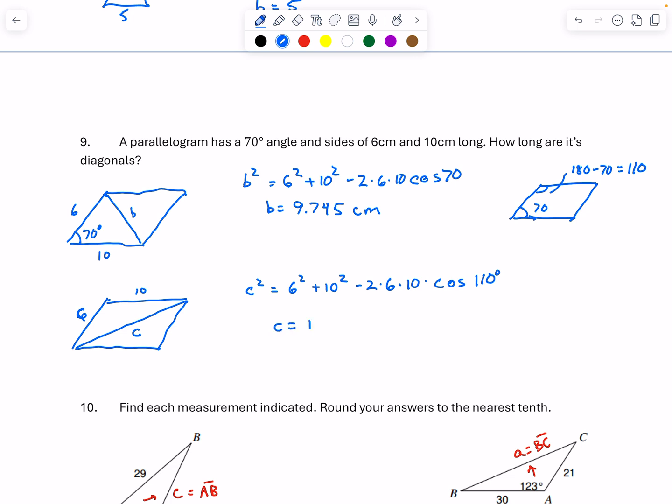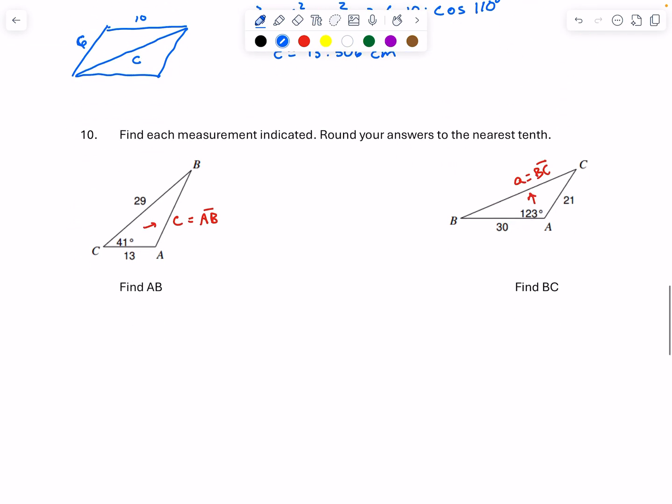And again, it's all one big number on the right side. Take the square root. And you're done. All right, it just says find AB, so use the other two legs.